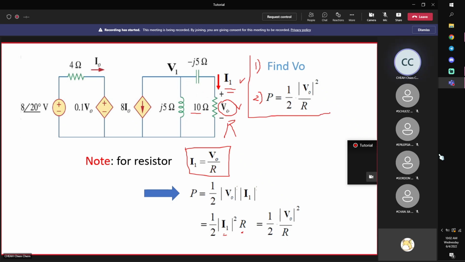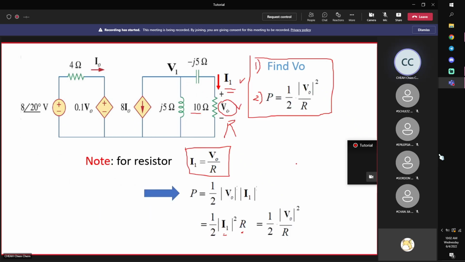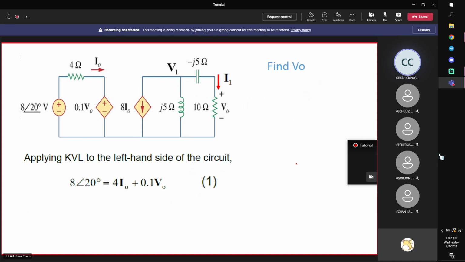Okay, in this question, I will use this one, which means that I will find V0 first. How do I find V0? Use any method. Here let's analyze this circuit. This circuit actually is divided into two parts. Like this is the ground.